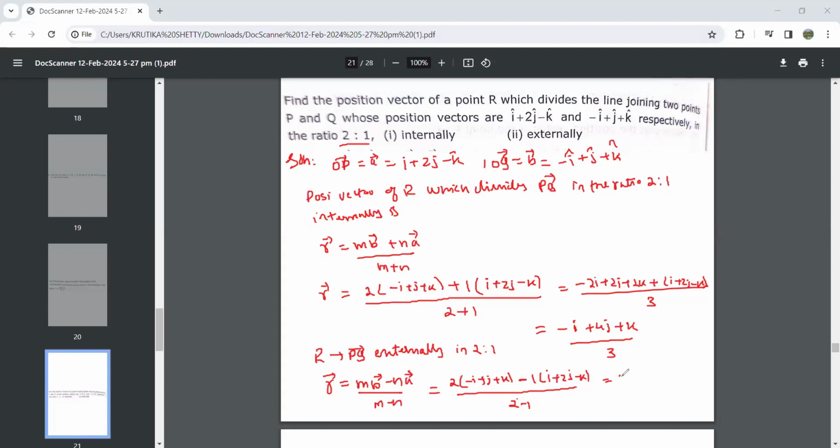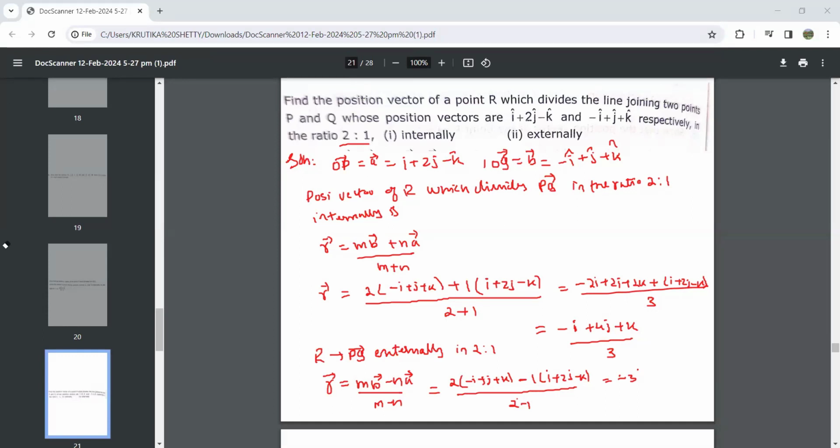Minus 2 minus i, it will be minus 3i cap. And then j minus 2j will be minus j. And k minus minus of minus will be plus k. So j and j will cancel, and j minus 2j will be 0.